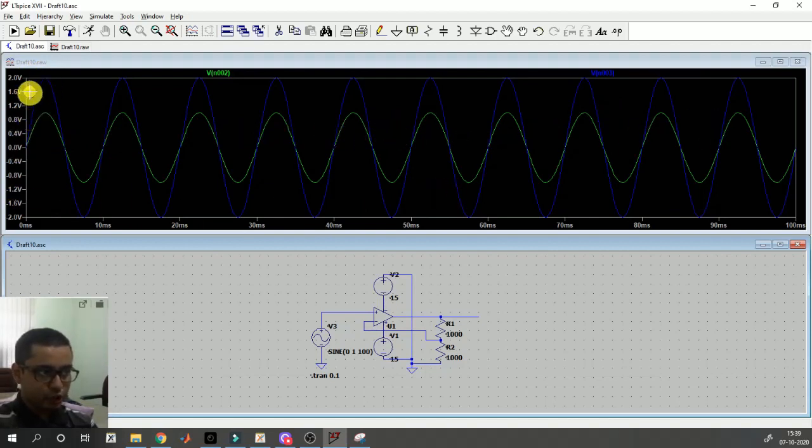The amplitude of the output voltage is 2 volt, whereas the amplitude of the input voltage is 1 volt. So this way you can make an amplifier with positive gain, and in this case the gain is 2. Now by changing these resistances, you can change the gain of your amplifier.